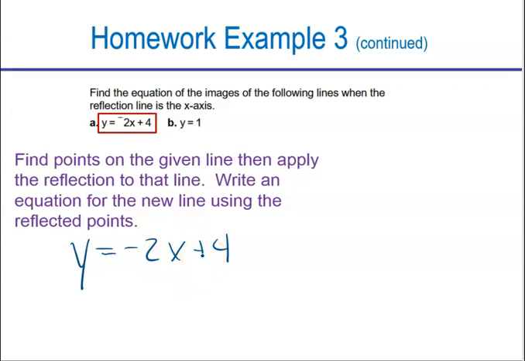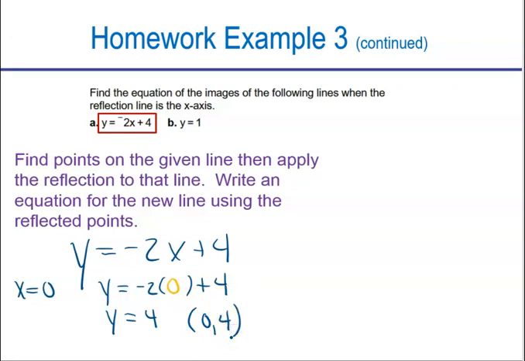So what I'm going to do is, hey, let's just plug in x equals 0 and see what we get. So that will give me y is equal to negative 2 times, remember I'm plugging in, there's my 0, then I'm plugging in right there, plus 4. When I simplify that, that's going to give me negative 2 times 0, 0 plus 4 is 4. So I have the point 0, 4 that's included on the line negative 2x plus 4.